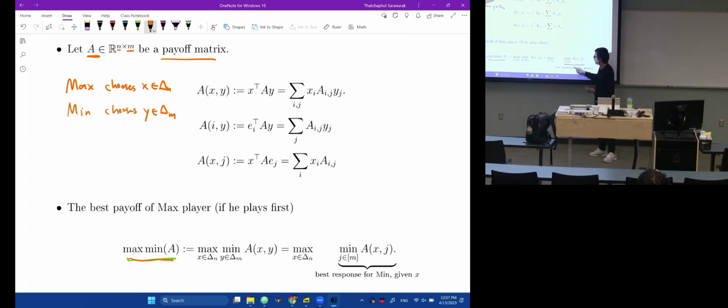Min can just as well choose one column j that minimizes the expected payoff once x is fixed. So this is the maxmin: the best payoff of max if he needs to play first.